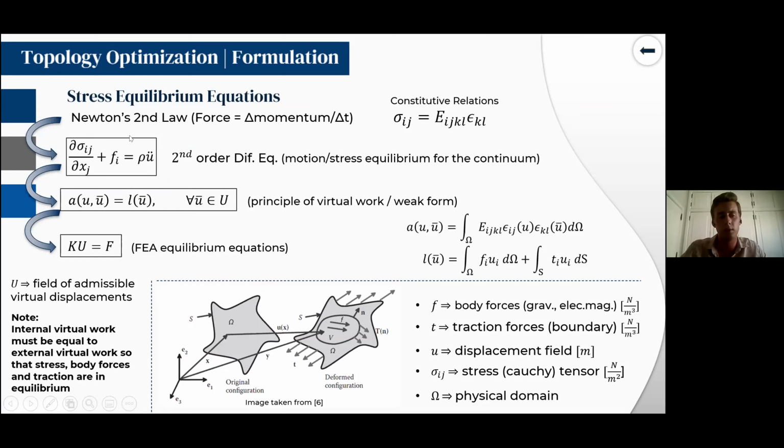So what we do in practice is not solve these differential equations directly when we're talking about more dimensions. What we do is we convert it into an integral form using the principle of virtual work. And then we discretize our domain in various elements in which we have nodal displacements, and we get the finite element equilibrium equations, which we have to solve in the topology optimization problem.